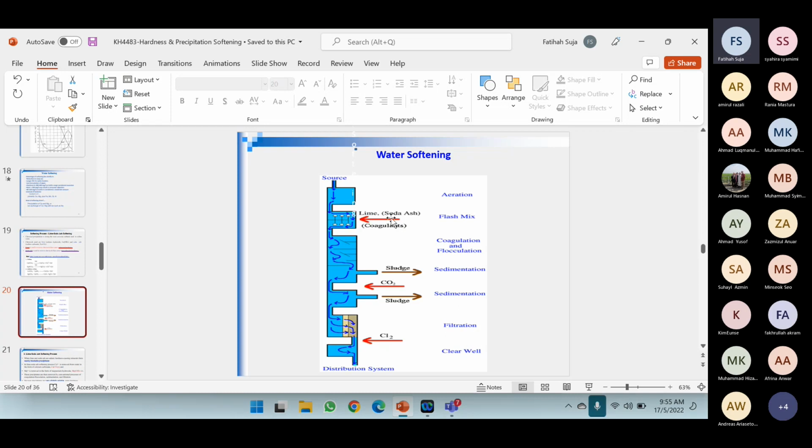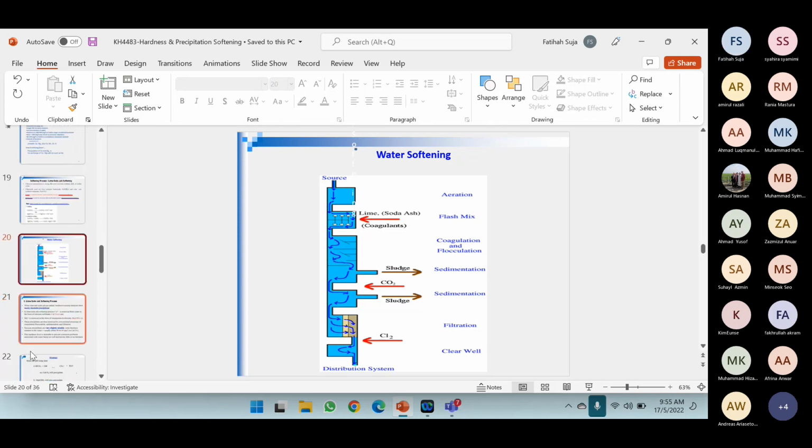You can provide lime, soda ash, and coagulants here, so that you can tackle two problems in your water source, whether due to hardness or clay or minor particles that you want to remove.